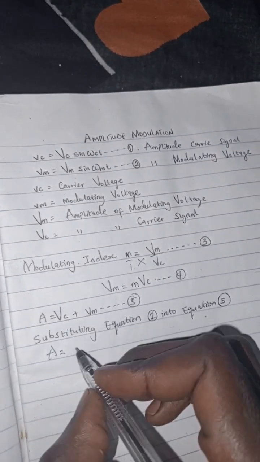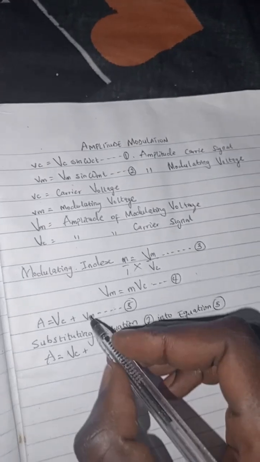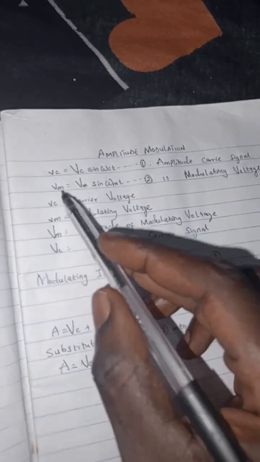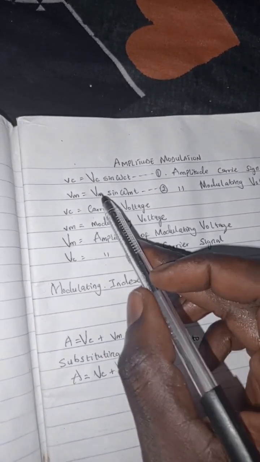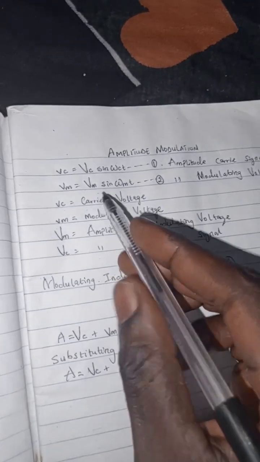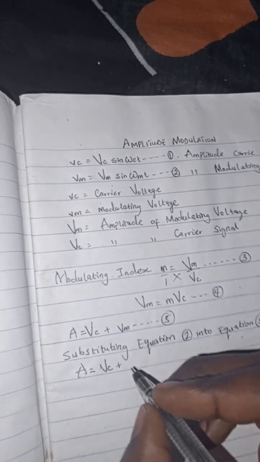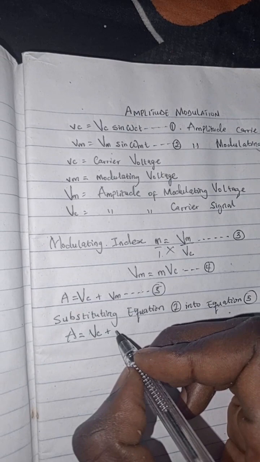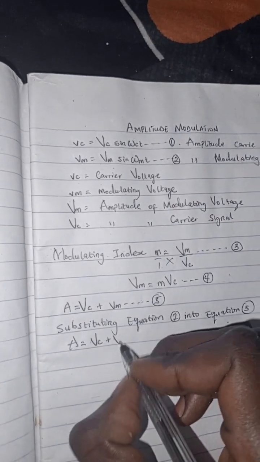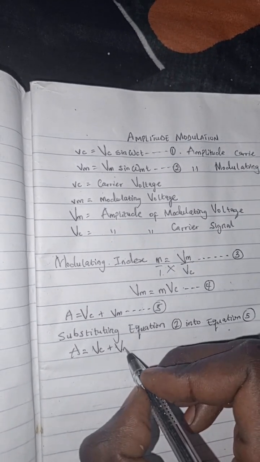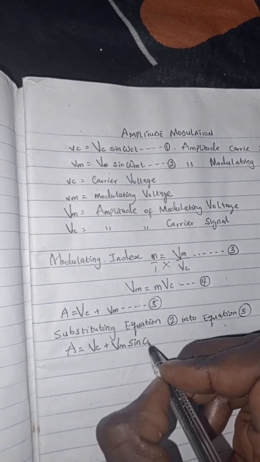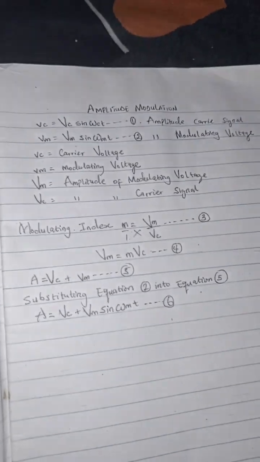A is now equal to big Vc plus, instead of small Vm, we already know that our small Vm is given by big Vm sine omega mt. Now substituting this into this small Vm, we'll have big Vm sine omega mt. Let's tag this our equation 6. I hope we are understanding and following.